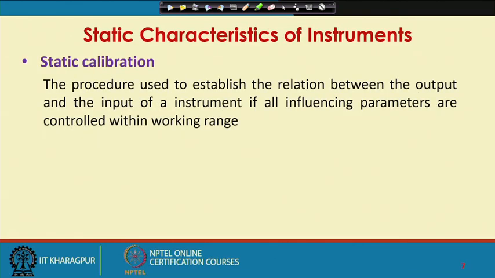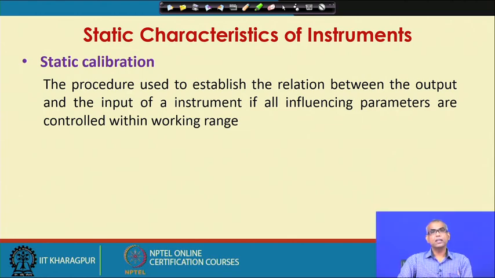Now, let us talk about something called static calibration. It is the procedure used to establish the relation between the output and the input of an instrument when all the influencing parameters are controlled within the working range.